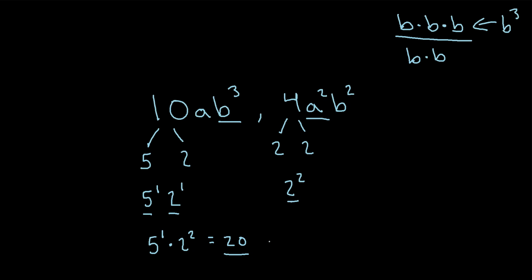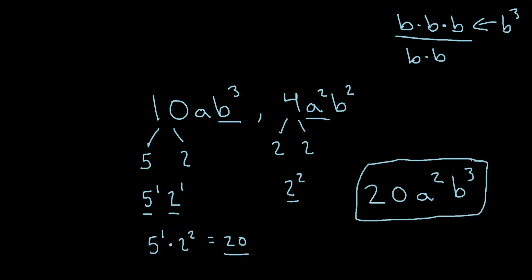Okay, so the last step is each of these numbers that we've underlined, we multiply them all together, and that will be our least common multiple. So we'll say our final answer is 20 times a squared times b cubed. That is the least common multiple between these two terms, 10ab cubed and 4a squared b squared.